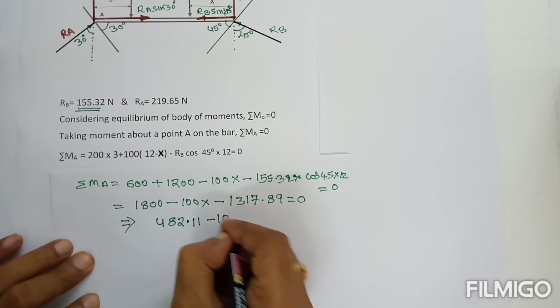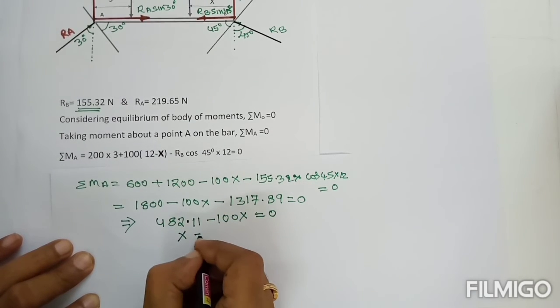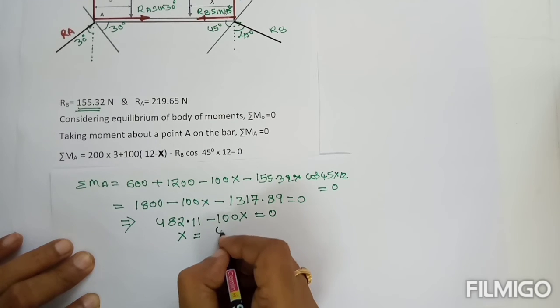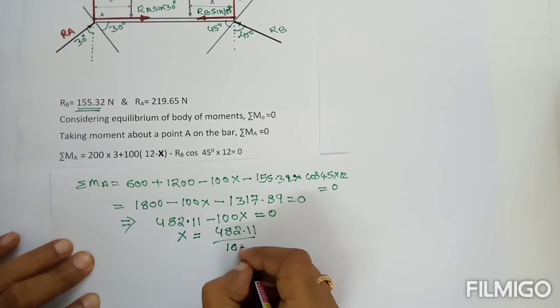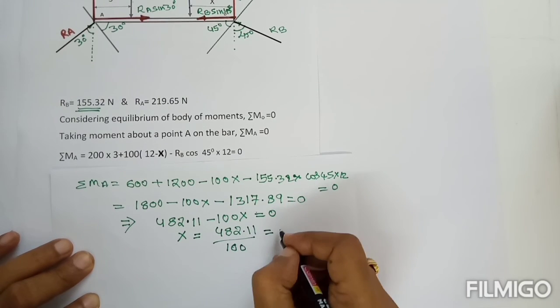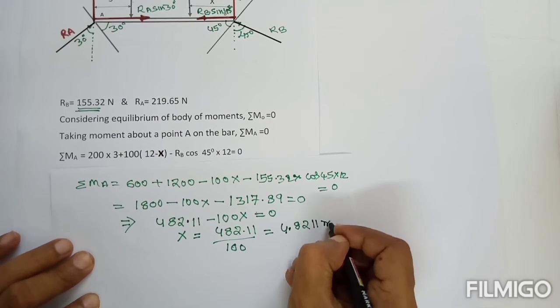482.11 minus 100x is equal to 0. X is equal to 482.11 by 100, which is equal to 4.8211 meters.